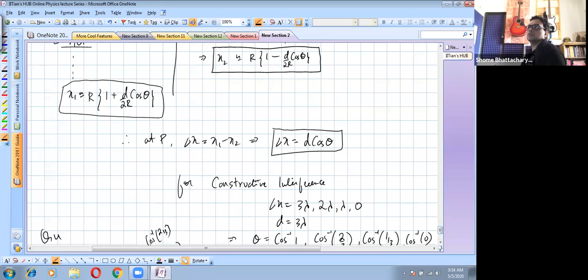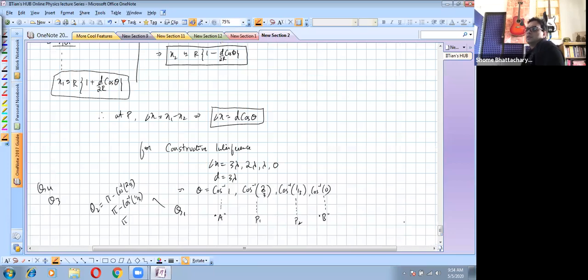This type of calculation with approximation and all that is very important for not only this chapter but later in your wave optics also.